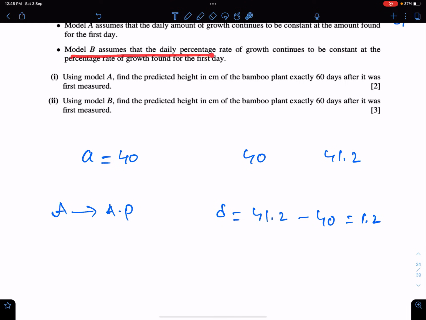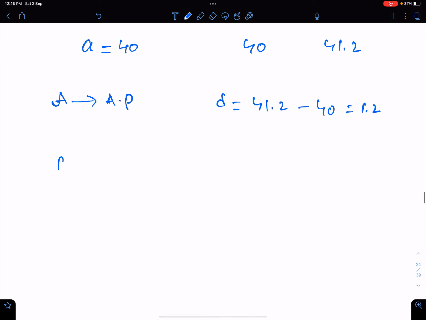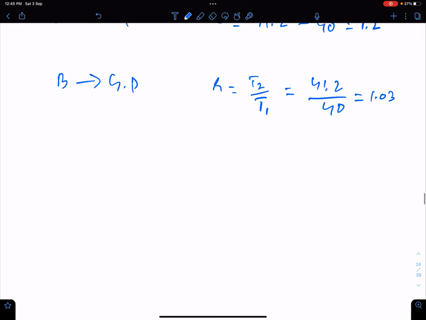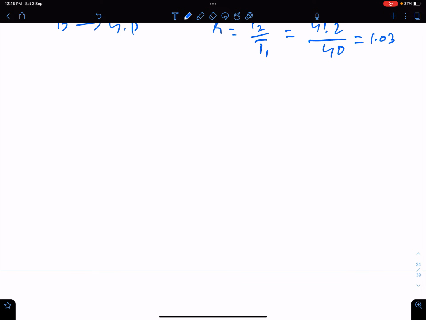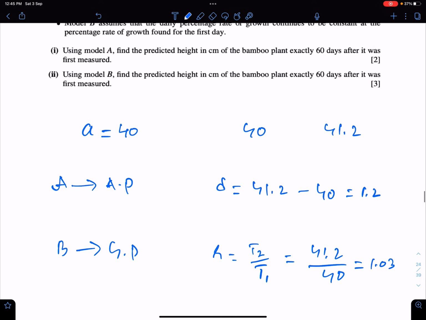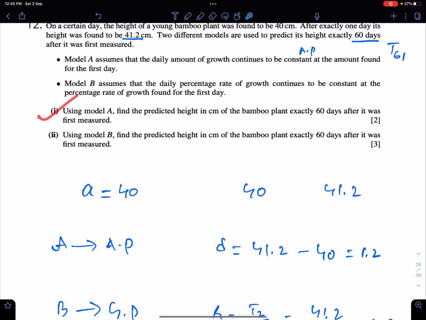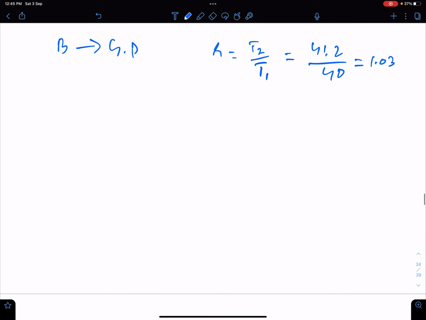Model B, percentage, that means GP. So for model B, we need R. So R is T2 upon T1. So 41.2 over 40, which is 1.03. Now, the question is, part 1, find the height after exactly 60 days. So we need T61.